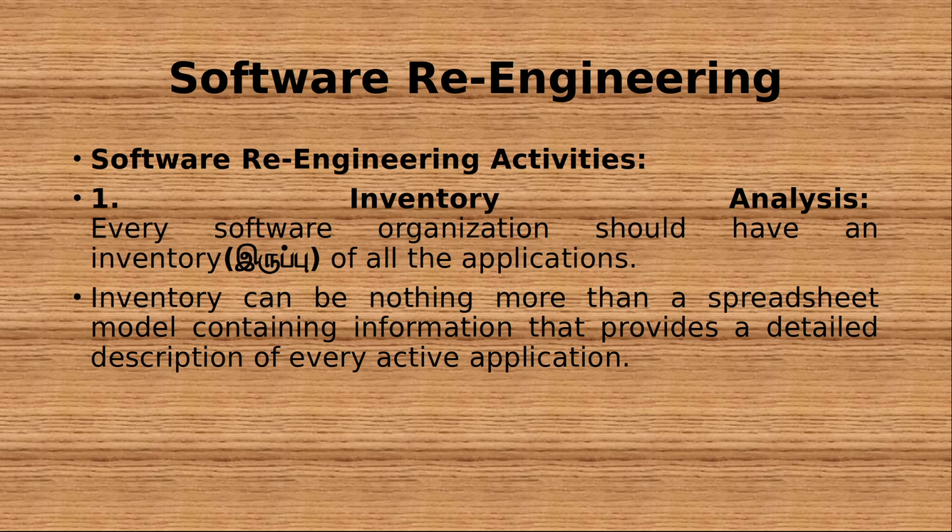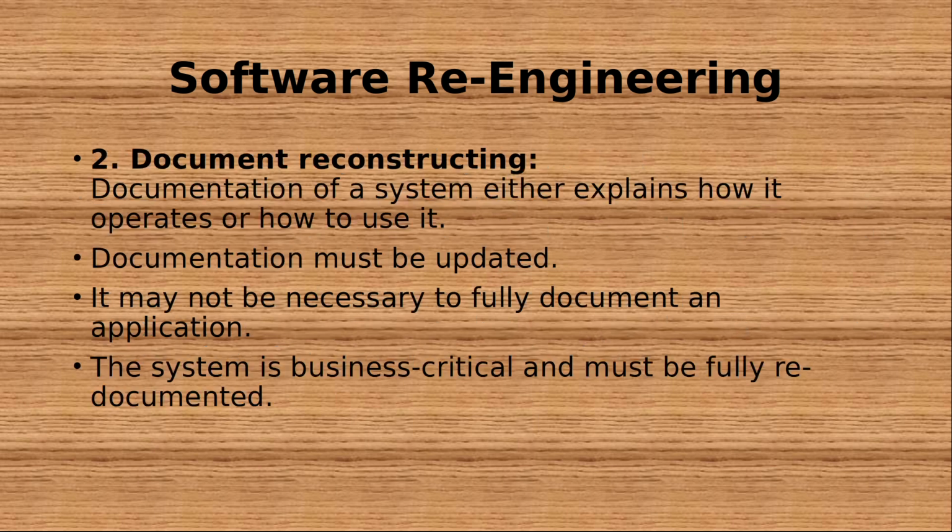Every organization has an inventory, that means stock itself. We take all the details from that stock, and it gives all the information about the existing software. Document reconstructing: after that, we identify the component, then change whichever component should be updated.